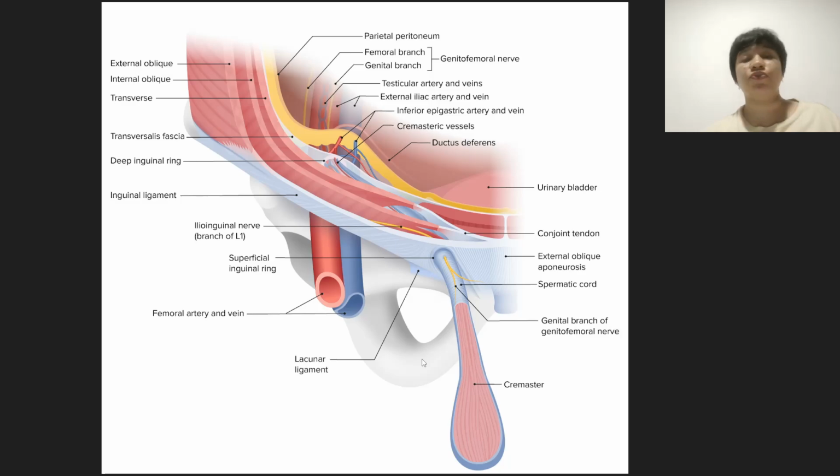This canal has two openings: the deep inguinal ring, located internally, and the superficial inguinal ring, which opens in the aponeurosis of the external oblique.